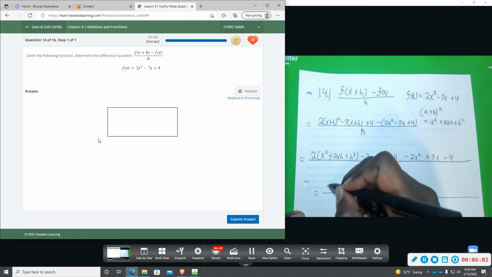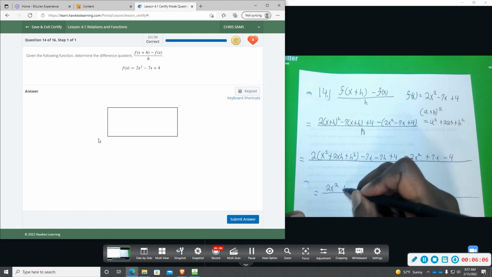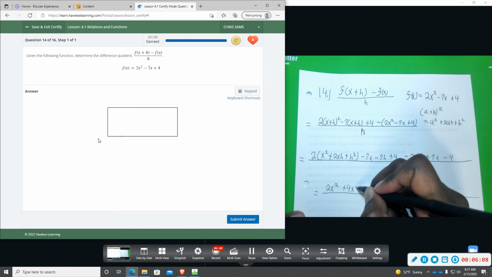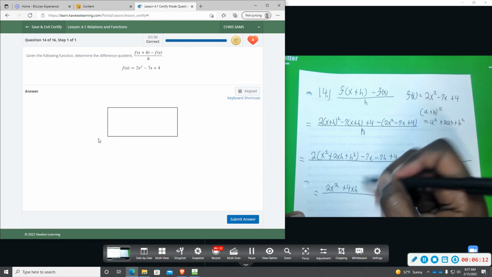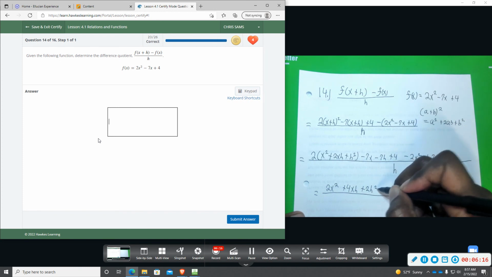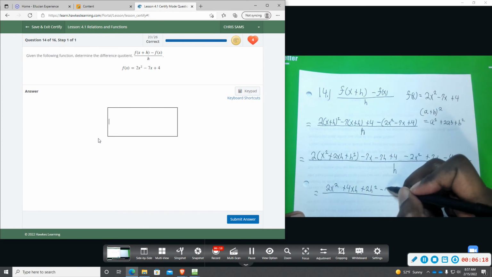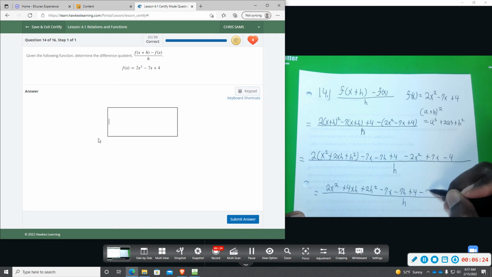So I'm going to have 2x squared plus 4xh. And I didn't put these in alphabetical order, but I'm just going to be okay. And then plus 2h squared. And then minus 7x minus 7h plus 4 minus 2x squared, just bringing everything down, plus 7x minus 4.